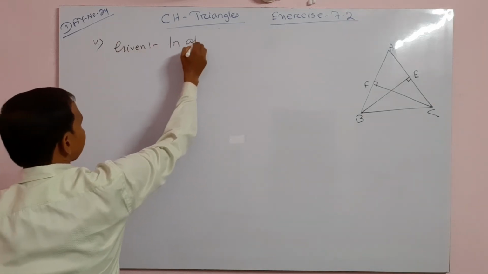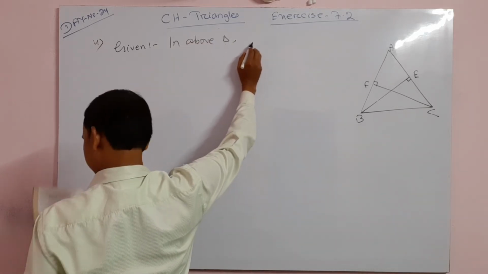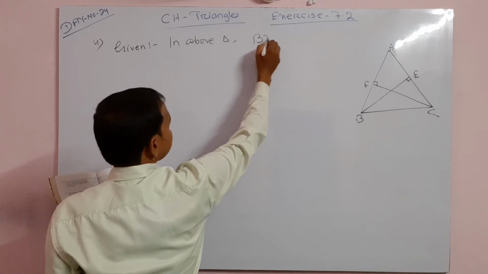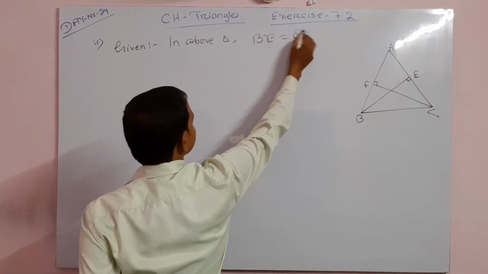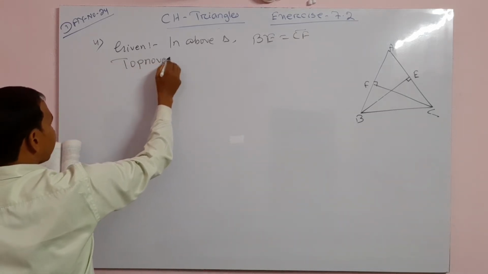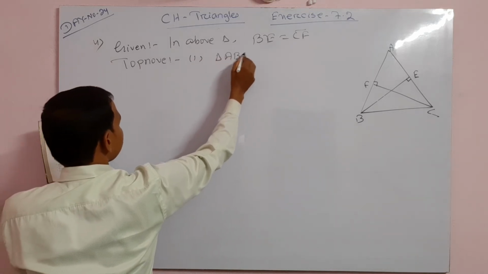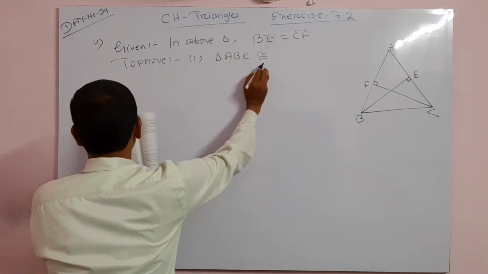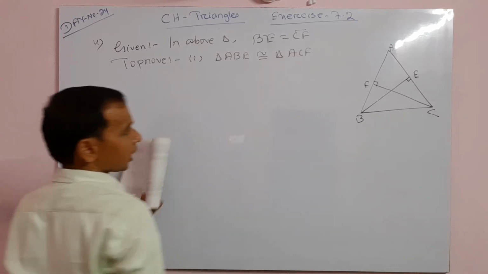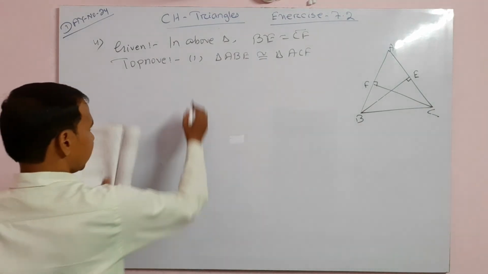In the above triangle, BE is equal with CF. Then to prove, we have to prove that first option, triangle ABE is congruent with triangle ACF.